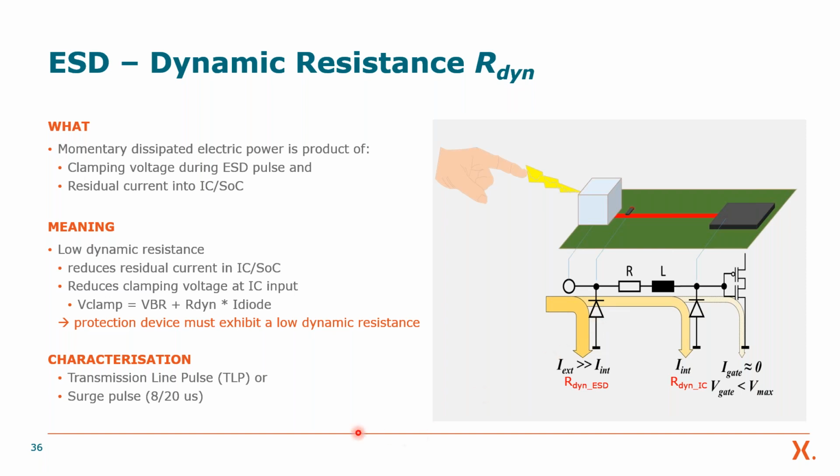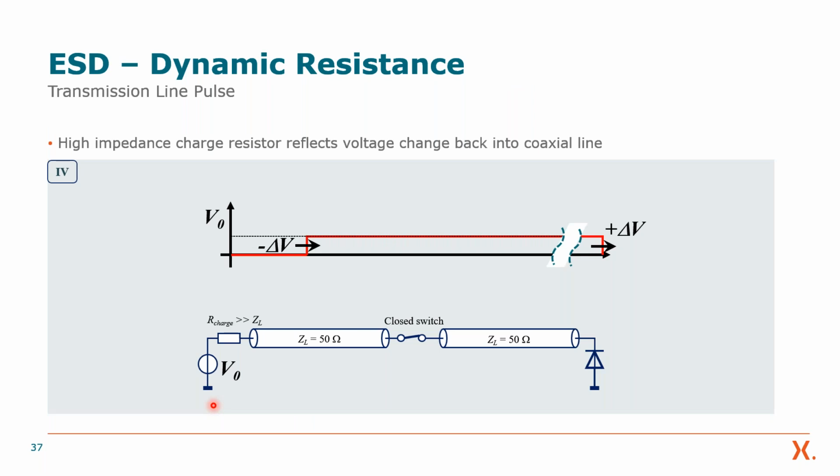One is based on the surge pulse, the H820 pulse you just saw, and the other one is based on the TLP. To understand how this also works with the surge pulse, we will go into the TLP measurement, and at the end you will see the result, and you can then understand that you can do the same for the surge pulse. Okay, TLP, transmission line pulse.